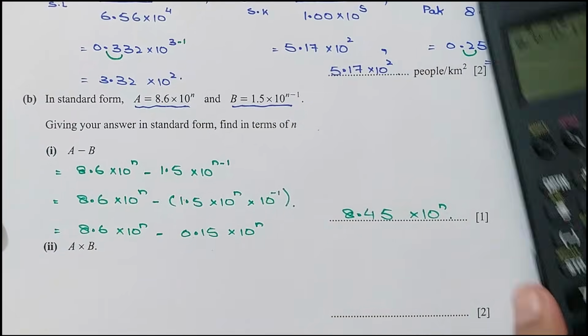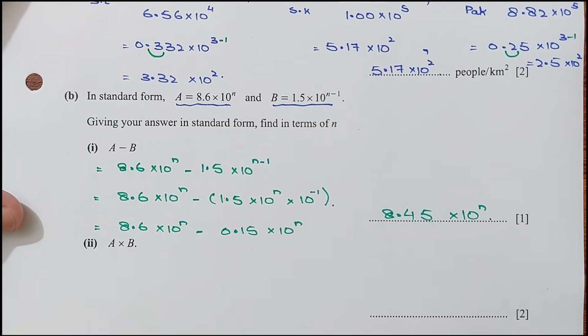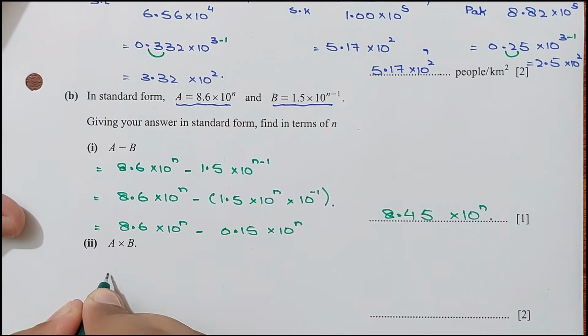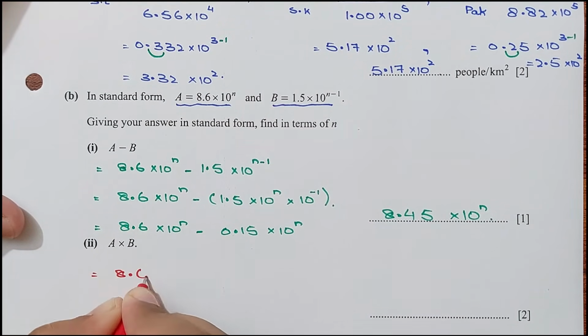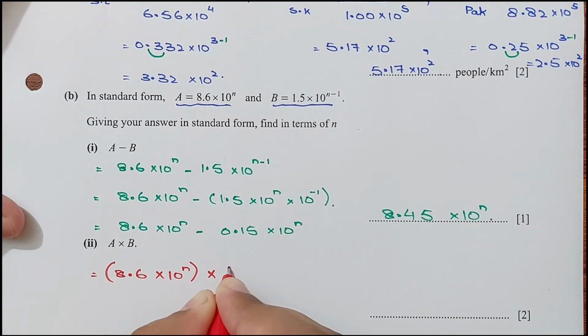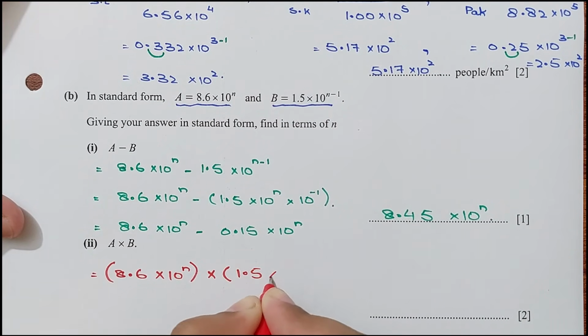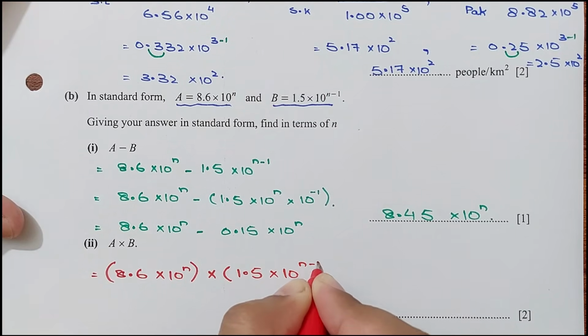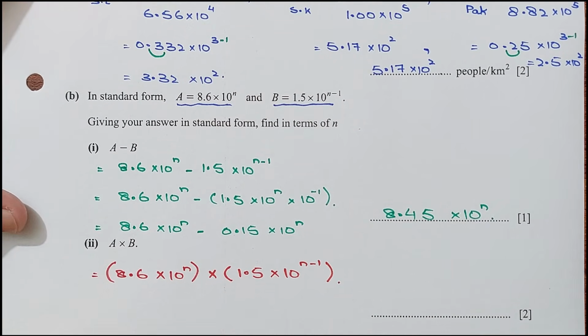Right. Now the second is A times B. A value is 8.6 times 10 to the power n, and its product with 1.5 times 10 to the power n minus 1.